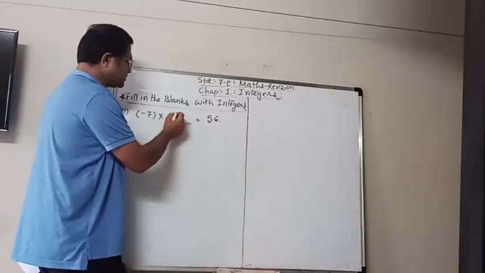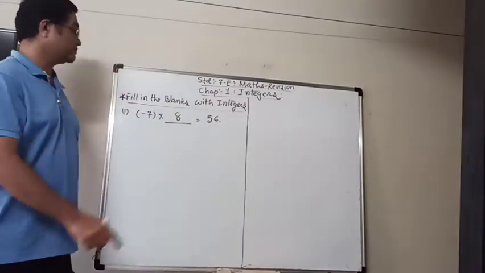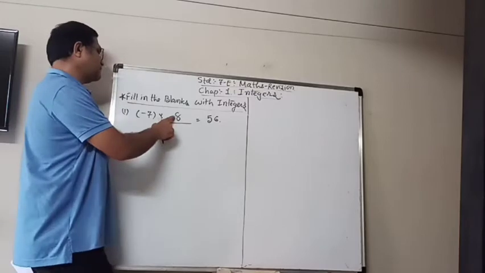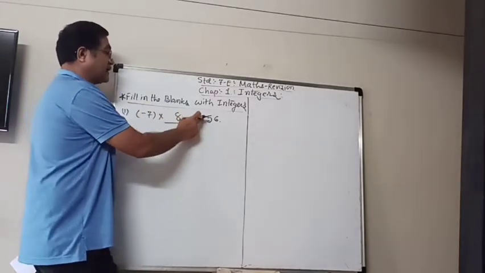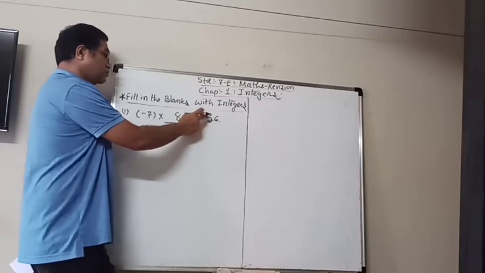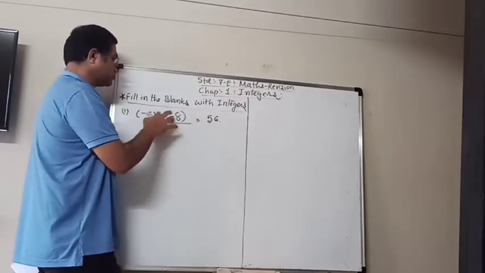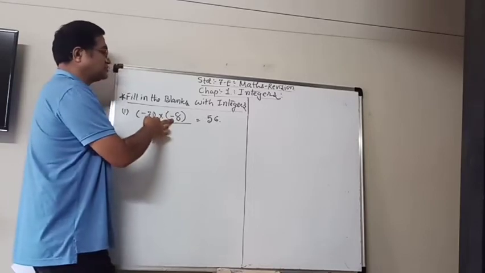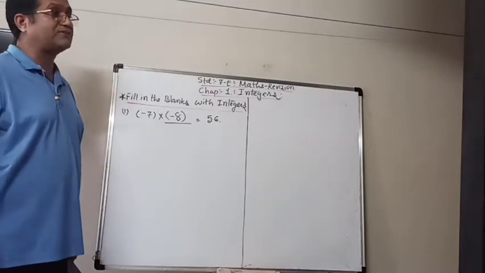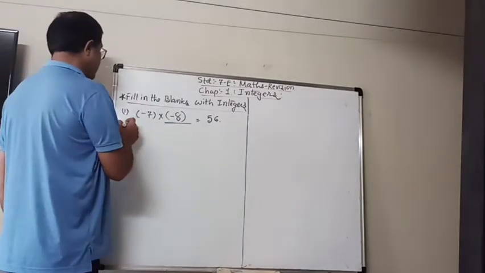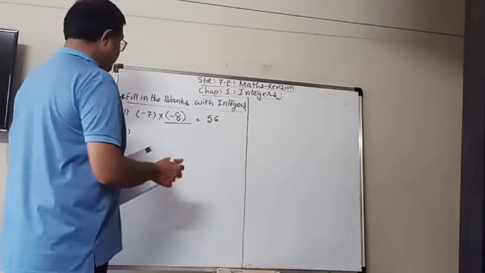So if you put 8, the answer is 56, but there is a problem here: -7 multiplied by 8, one negative and one positive, then the answer is -56. But to make it positive, we can write -8 here. So two negative integers will make a positive. So the answer is -8.